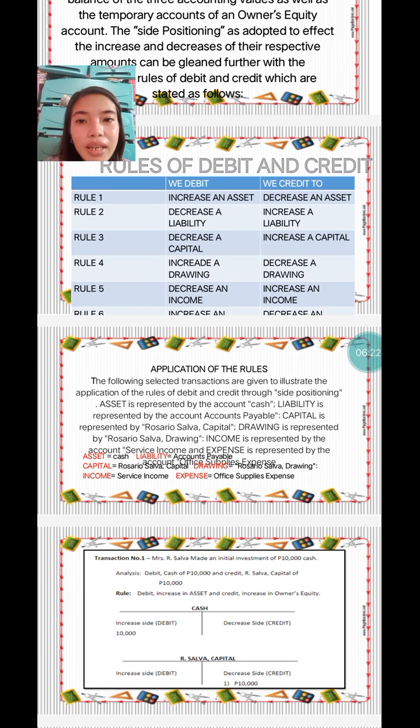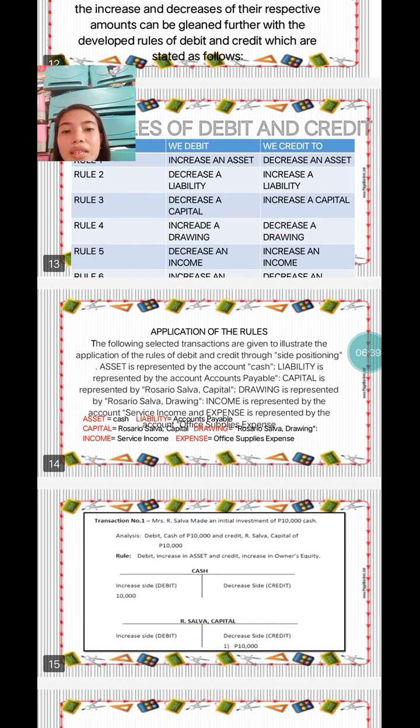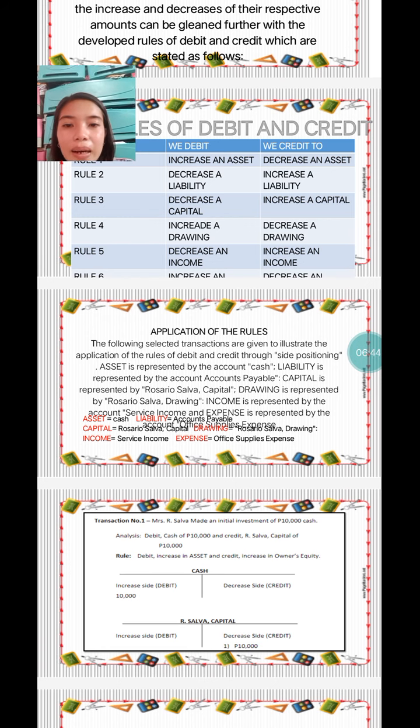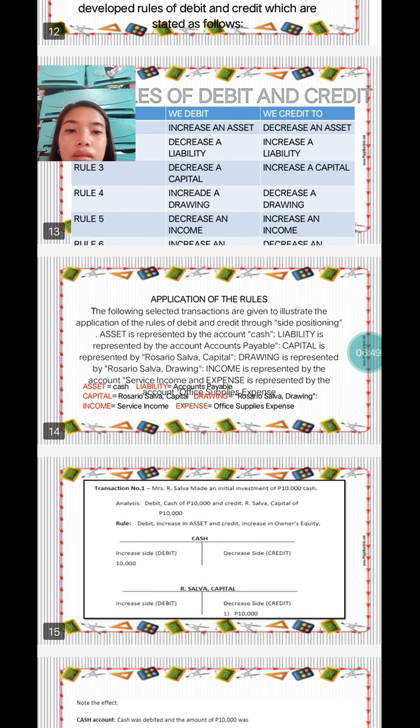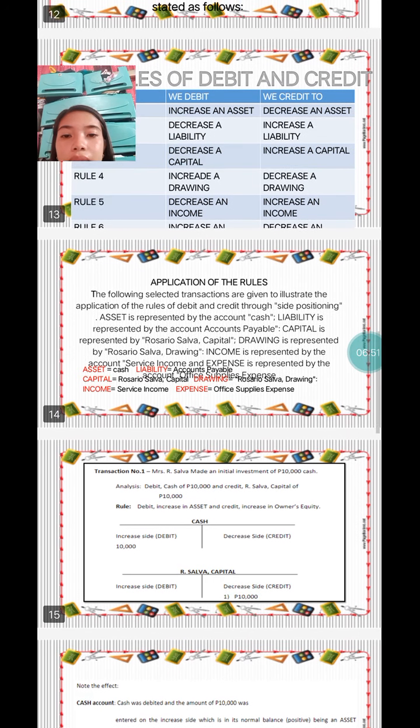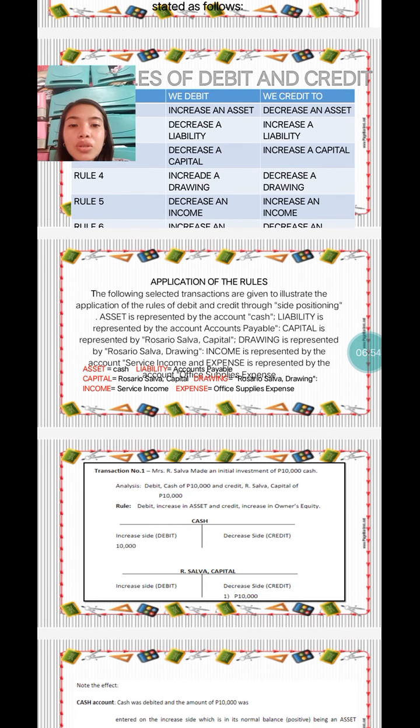Rule number 3, in debit, decrease a capital, while in credit, increase a capital. Rule number 4, in debit, increase a drawing, while in credit, decrease a drawing. Rule number 5, in debit, decrease an income, while in credit, increase an income. Rule number 6, here. And lastly, the application of the rules will be reported for the next report.